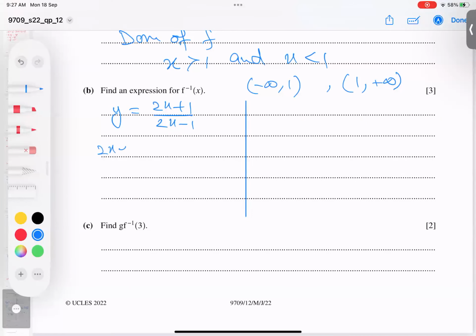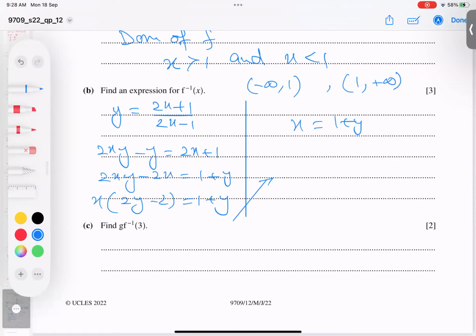2xy minus y equals 2x plus 1. Now I'll bring this y to this end, and x to that end. So I got 2xy minus 2x equals 1 plus y. From here, x common, I got x(2y minus 2). So x equals (1 plus y) over (2y minus 2).